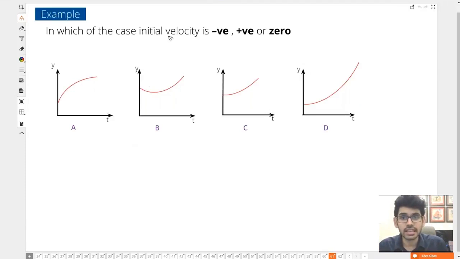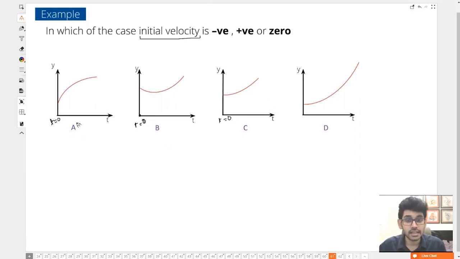Everybody, in which case is the initial velocity, or velocity at t is equal to 0, that means velocity here at t is equal to 0, initial velocity, negative, positive or 0? Okay, everybody in the chat, will it be negative in A or positive in A or 0? Negative, positive or 0?